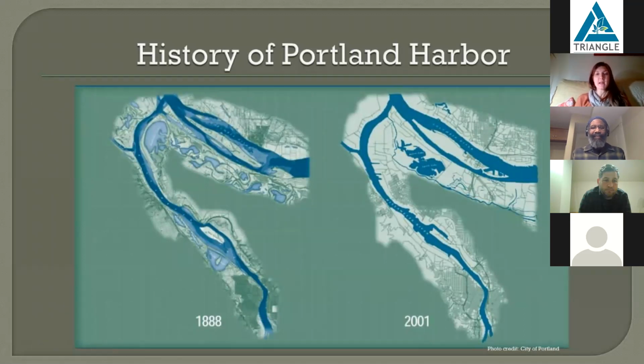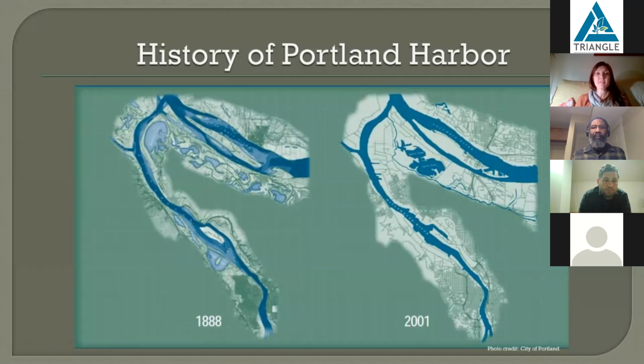Even by 1888, by the mid 1800s, thousands and thousands of settlers had already come to the Portland area and started modifying the landscape. But back then you can see some of the similar features that Sarah was pointing out in some of the maps she pulled up just a moment ago: braided river channels, lots of off-channel habitats and lagoons and sloughs and ponds.